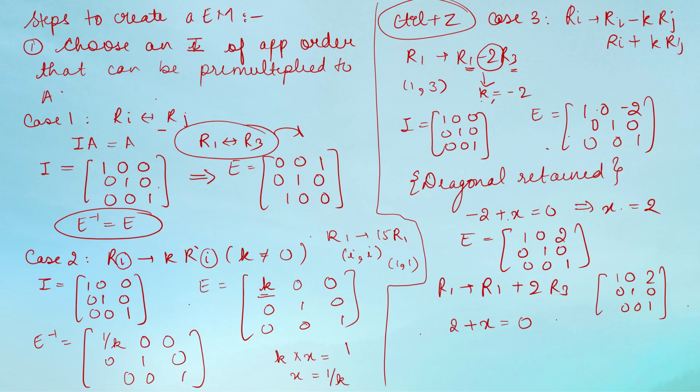I'm doing this calculation because it's the first time, but then you have to do it in your mind. So x will be minus 2. So your elementary matrix will be 1, 0, minus 2, 0, 1, 0, 0, 0, 1. This will be your E inverse. Always remember, E inverse is your Control Z.